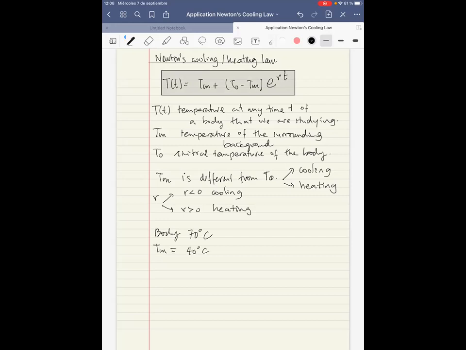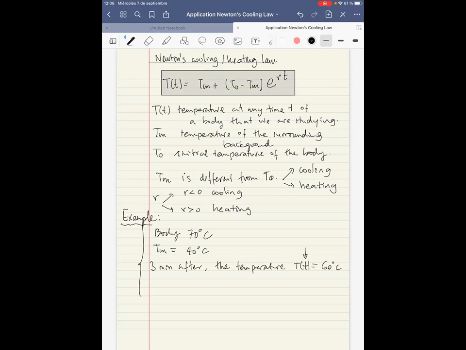And it tells us that 3 minutes after, the temperature of the body T at a certain time will be 60 degrees.